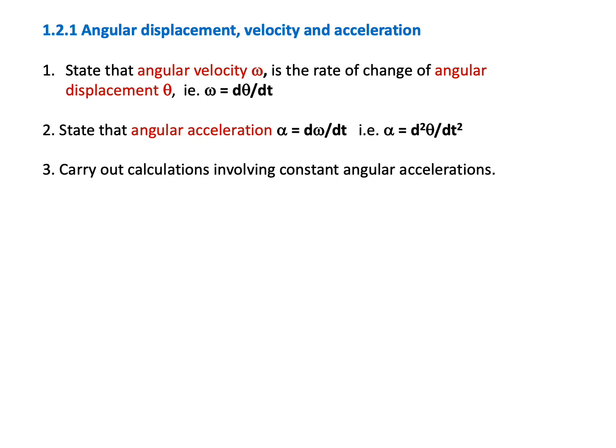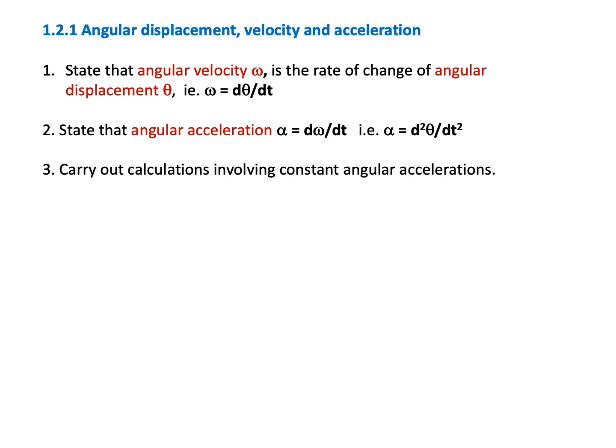Here then are the learning outcomes for the first of these 2 lessons. There are 3 of them, and you can see that the first one introduces us to the idea of angular velocity omega, and to define omega we need a concept of angular displacement theta, and omega will become d theta by dt, as we'll see soon.